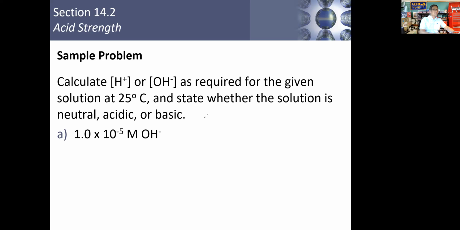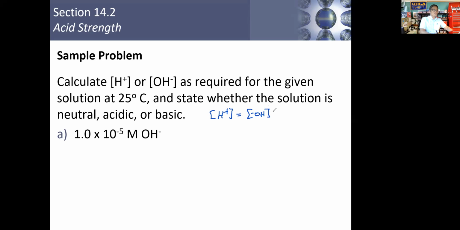If we have the hydrogen ion concentration, and the hydrogen ion concentration is equal to the hydroxide ion concentration, we know that the solution is going to be neutral.